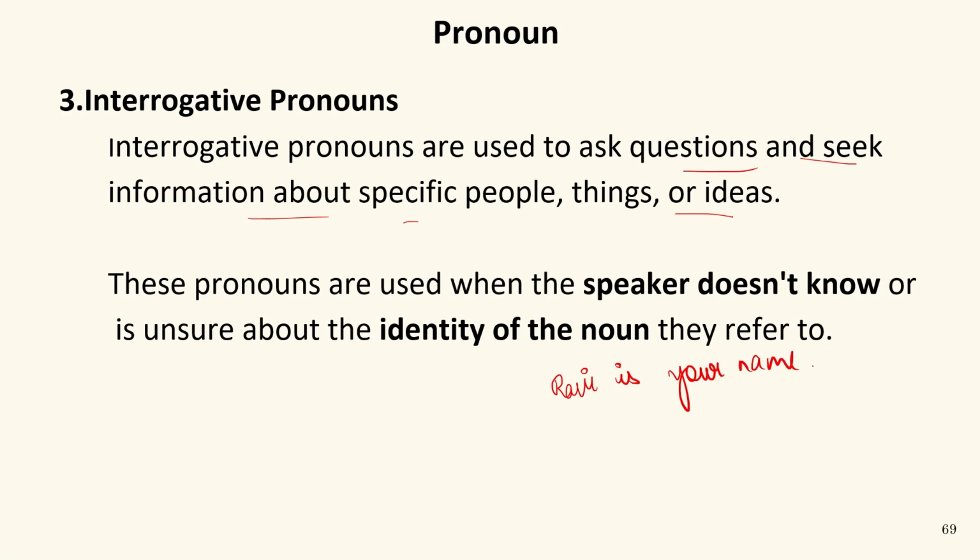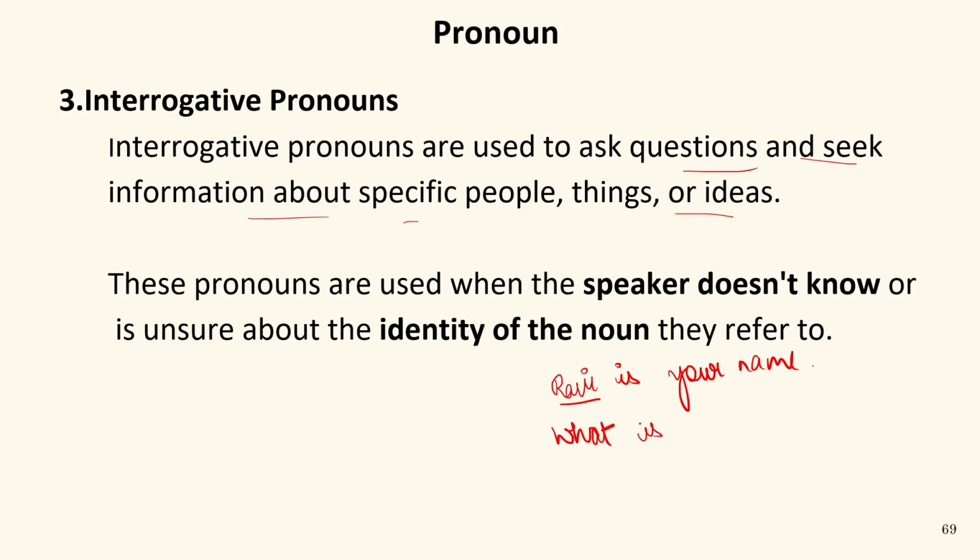It means in this sentence we can easily conclude that the name of the person is Ravi. Now, I'm talking to you right now and I'm saying that your name is Ravi. Now if I ask you, what is your name?